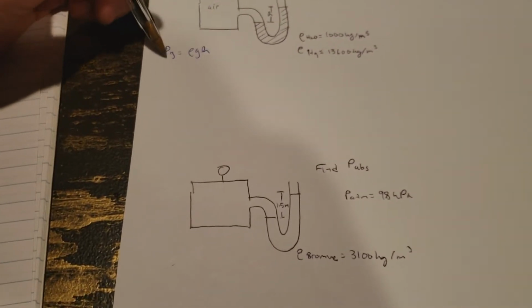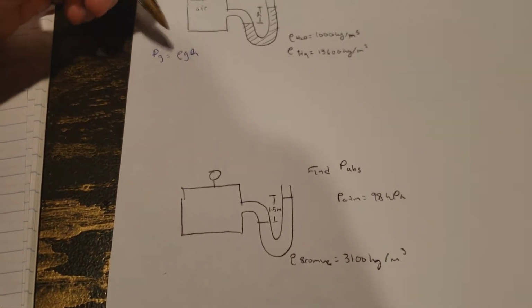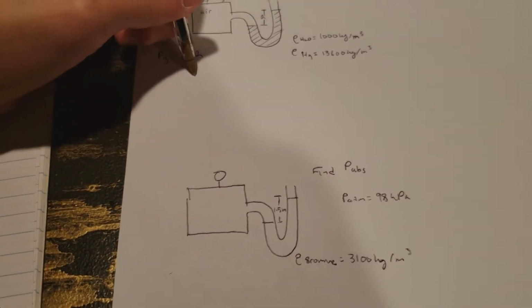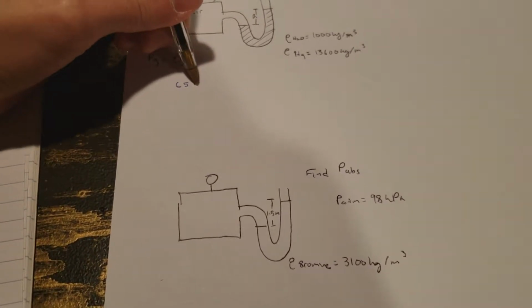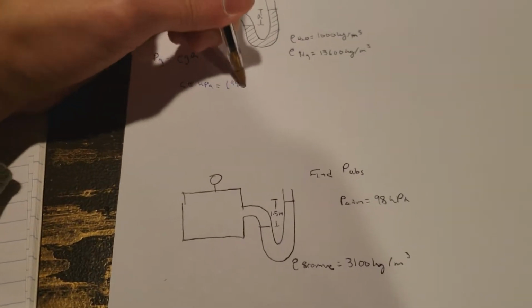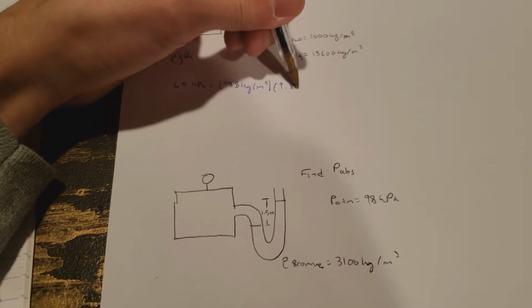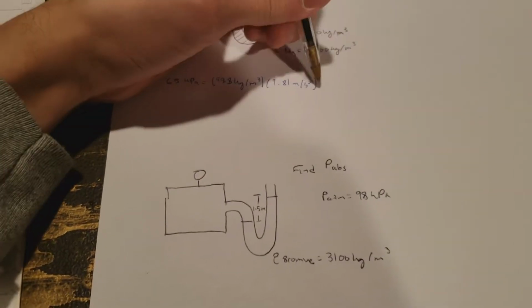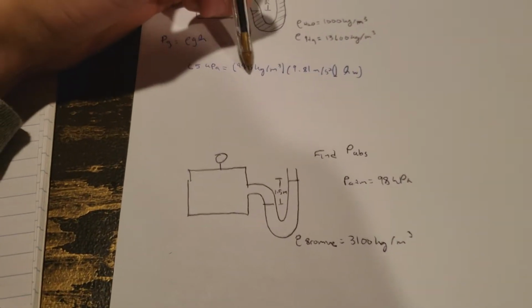So we want to introduce this equation. Gauge pressure is equal to rho g h. So let's start off with water. We'd set gauge pressure, so 65 kPa, equal to 998 kilograms per meter cubed. Then we're going to multiply in our gravity, and then our height of water in our column.